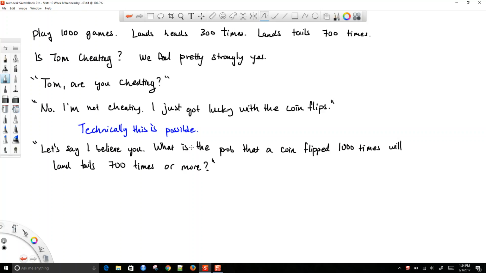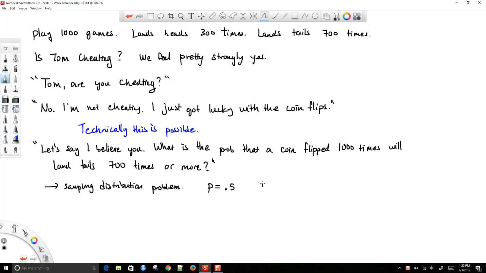Do we know how to answer this question? We do. This is a sampling distribution problem, right? So this can be framed as a sampling distribution problem. We're going to say that the probability that the coin lands heads is 0.5.